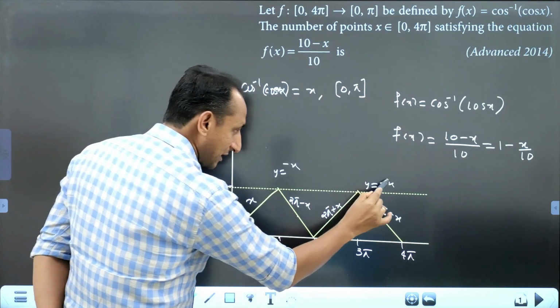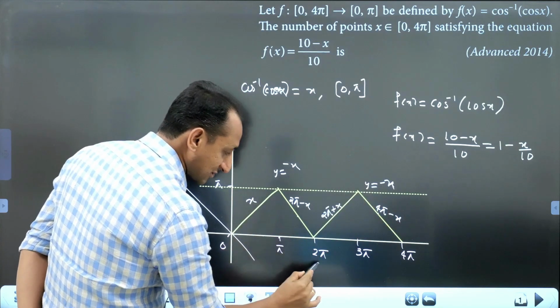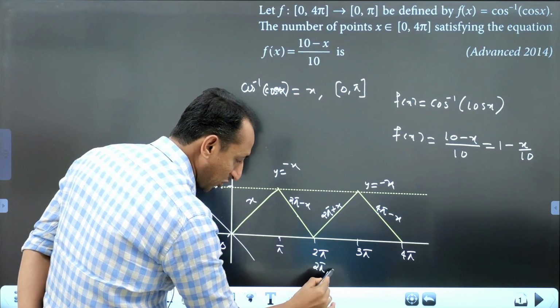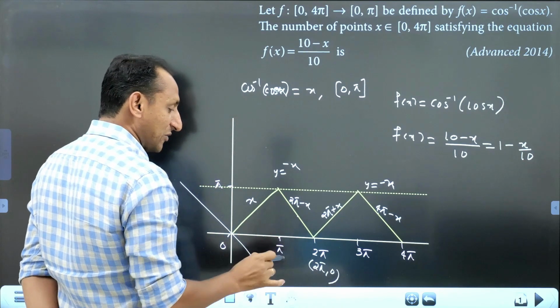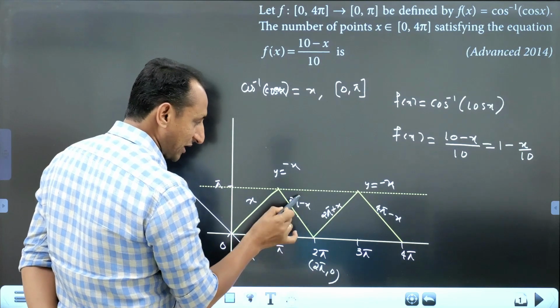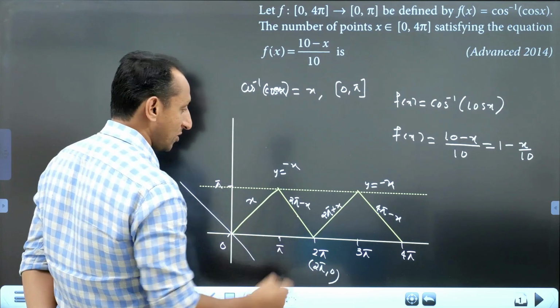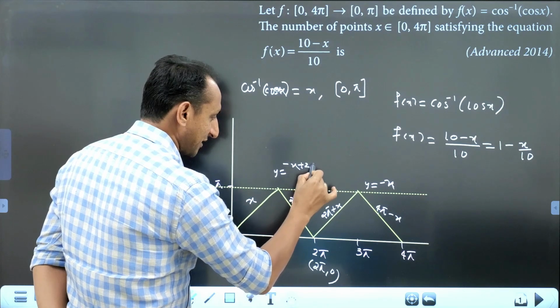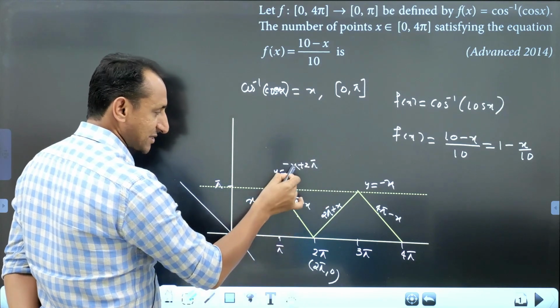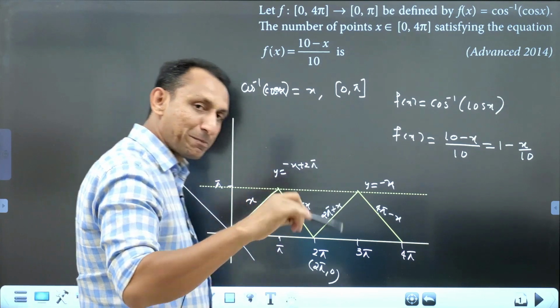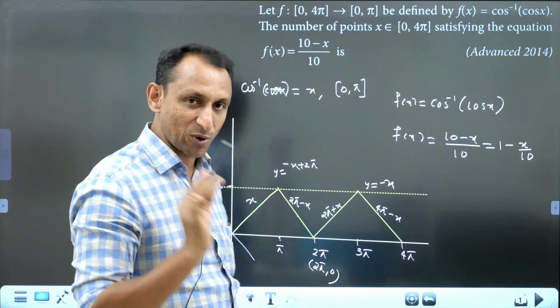But this graph passes through the point 2 pi comma 0. When we put x equal to 2 pi, you get answer 0. So I add 2 pi here. When you put x equal to 2 pi, minus 2 pi plus 2 pi, answer becomes 0.